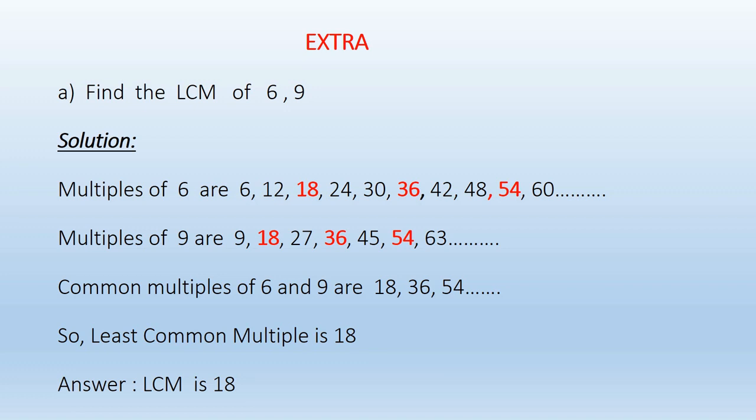These three numbers we are getting as common multiples of 6 and 9. There will be more, but I am taking up to that. So the least common multiple is 18. That means out of these three, 18 is the lowest multiple of 6 and 9. So LCM is 18.